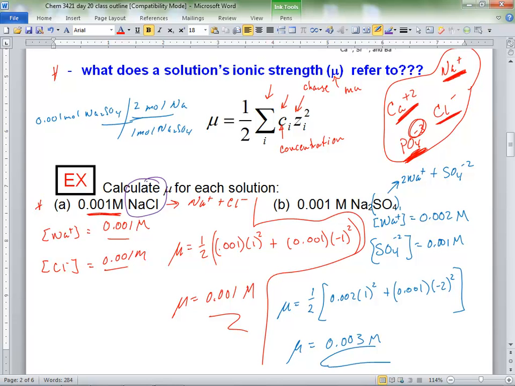But it also can't be this. That's a 1-to-1 salt, but that isn't going to work. So it might be confusing things by trying to save you time. Just calculate ionic strength all the time. You won't worry about it.